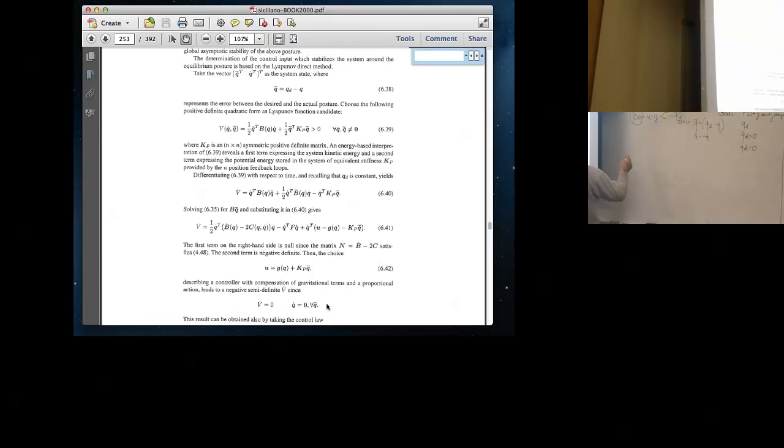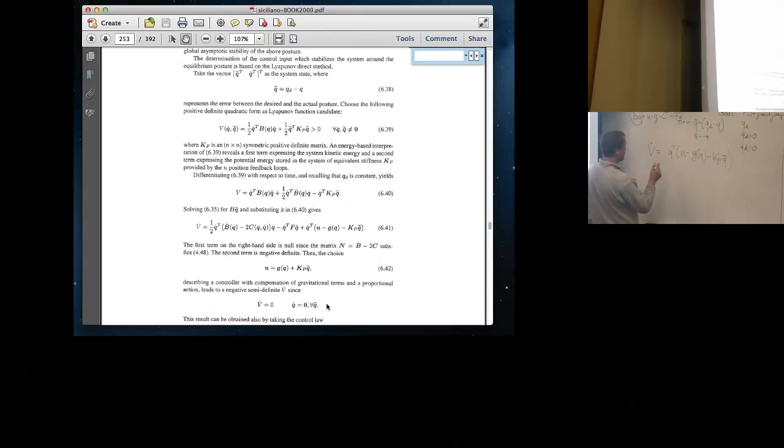Now that makes this entire misery here much easier, and that I can write down again. We now get V dot equals. First term goes away. I ignore the friction term here, and I'm left with Q dot transpose times U minus G of Q in his notation minus KP times Q squiggle. Okay, now let's write it out.